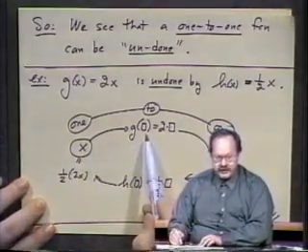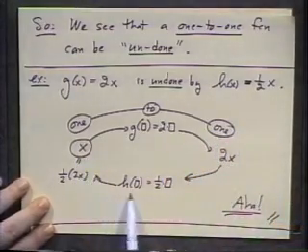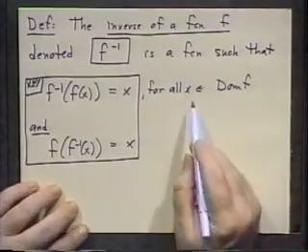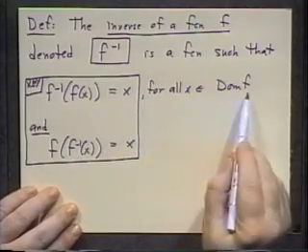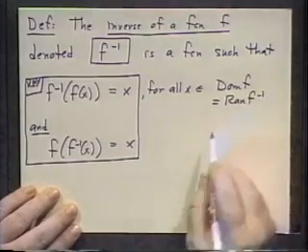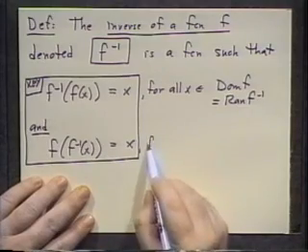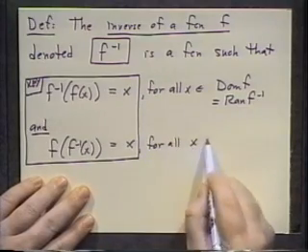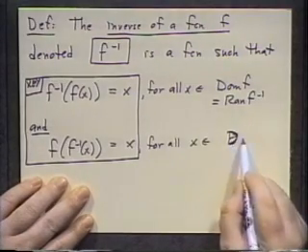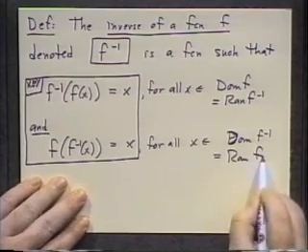Because it goes into G. Also realize that on the return it becomes a member of the range of H. And that is in fact always true. So this is true for all x in the domain of f, and the domain of f will be the same thing as the range of f inverse. And likewise, if you start with f inverse, this is true for all x in the domain of f inverse, and that will be the range of the original function f.